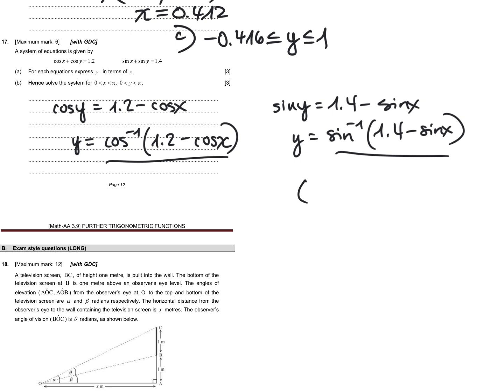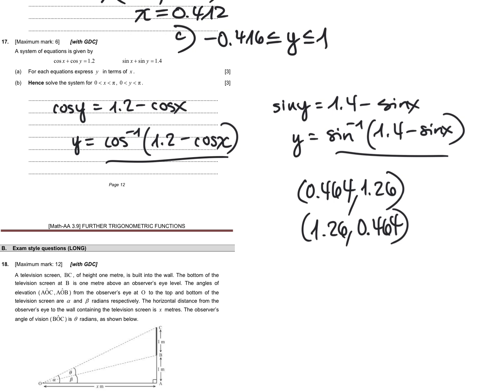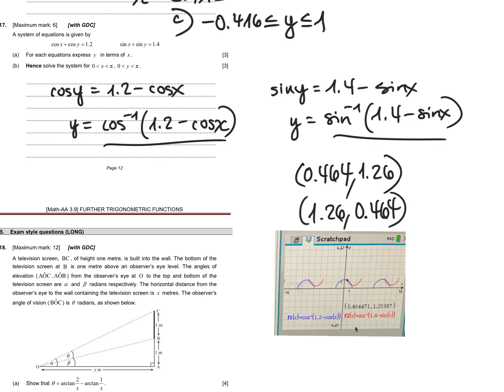So we're going to have 0.464, 1.26, and that's definitely between 0 and pi. And then we're going to have 1.26, like that. And that's all there is, because everything else is going to be outside pi. And that's the graph of it.